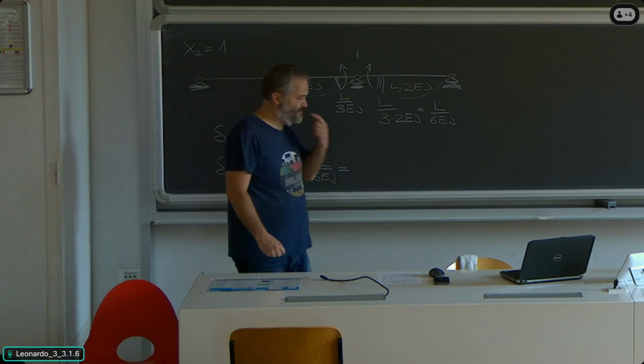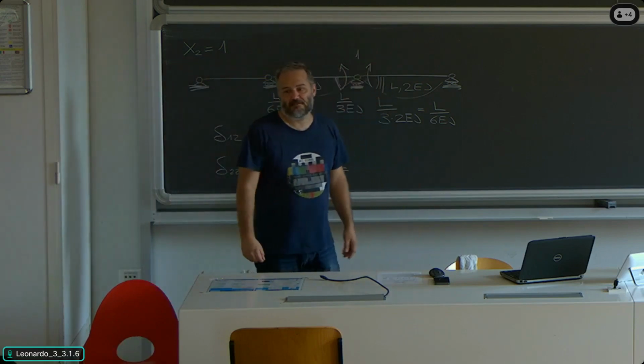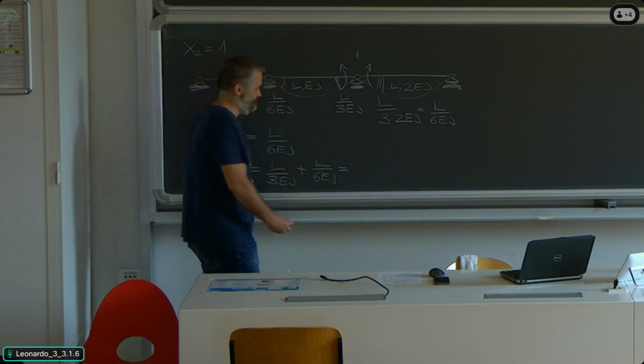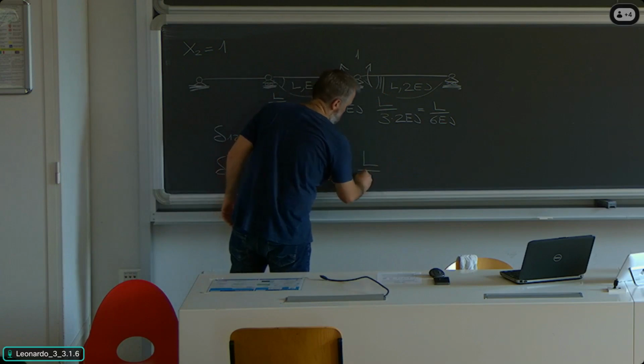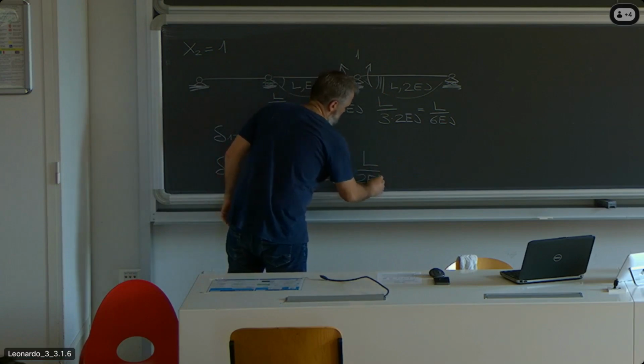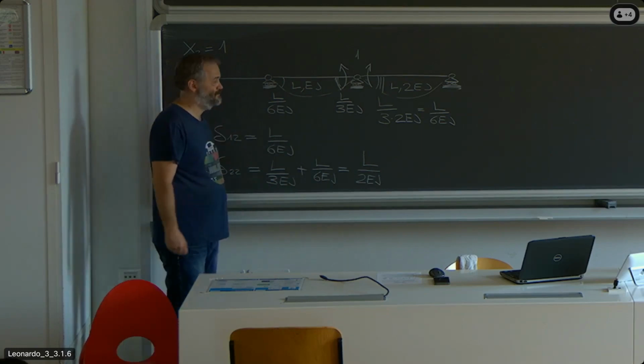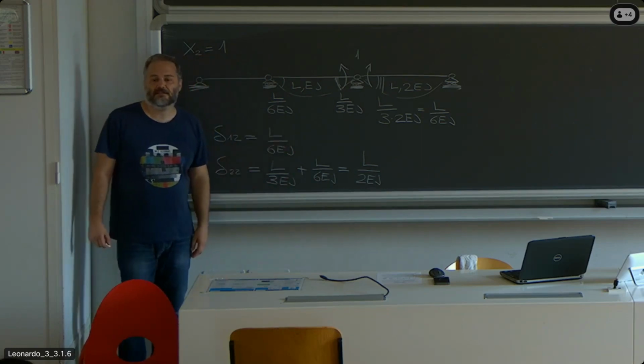So L divided by 3 plus L divided by 6 is simply L divided by 2. And that's it, okay?